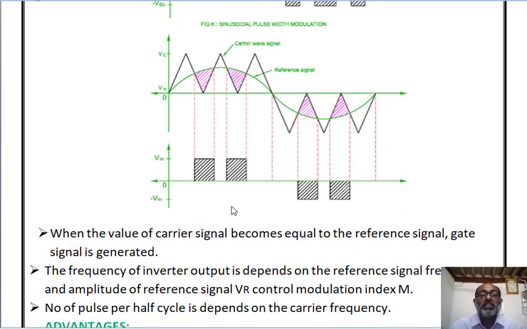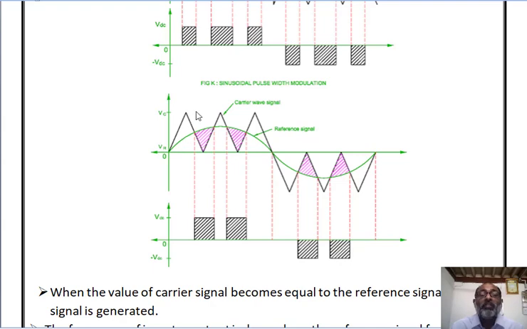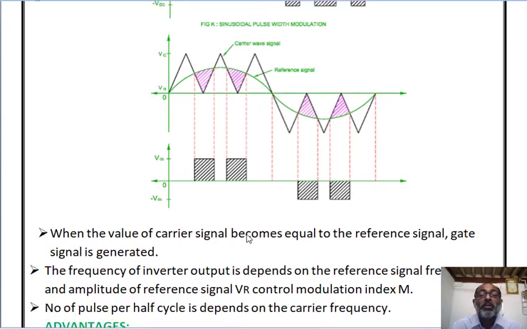When the value of the carrier signal becomes equal to the reference signal, the gate signal is generated. The frequency of the inverter output depends on the reference signal frequency, and the amplitude of this signal VR controls the modulation index M.